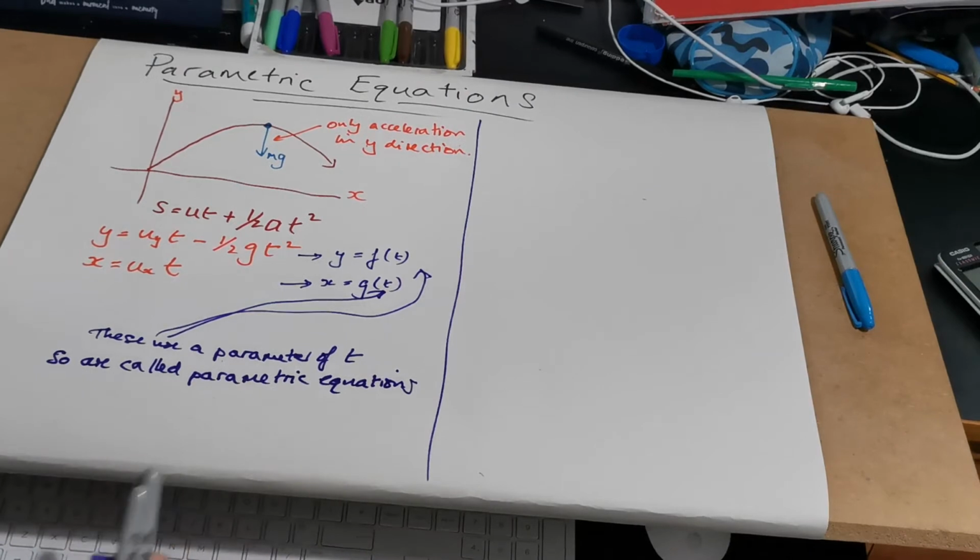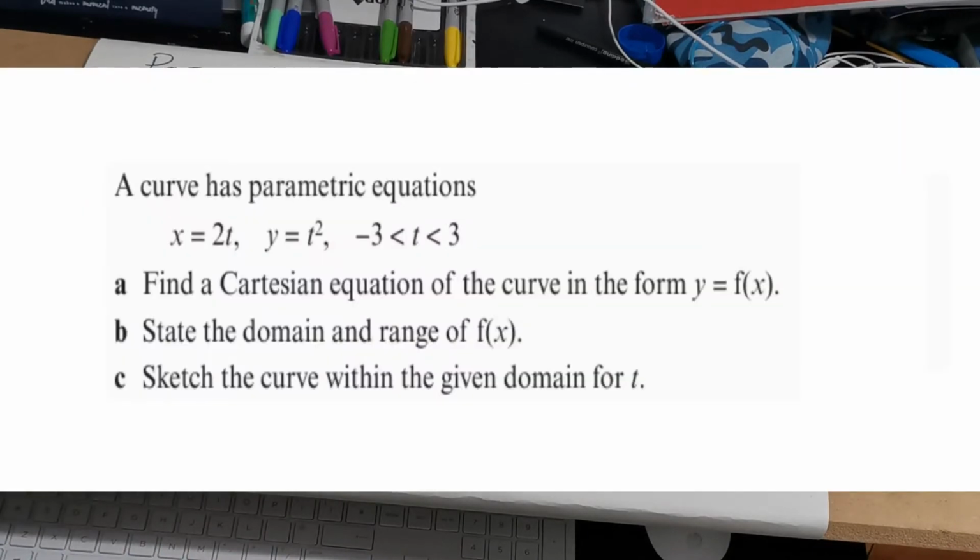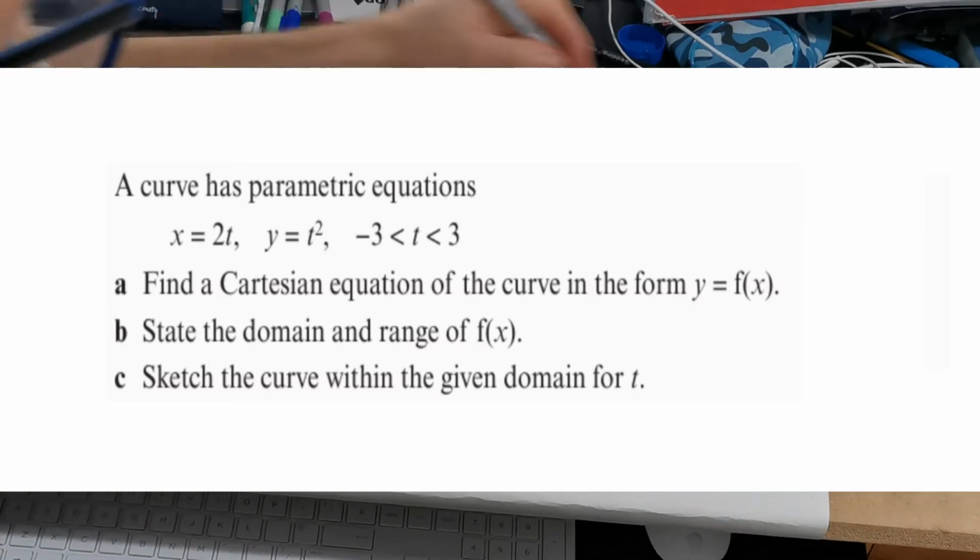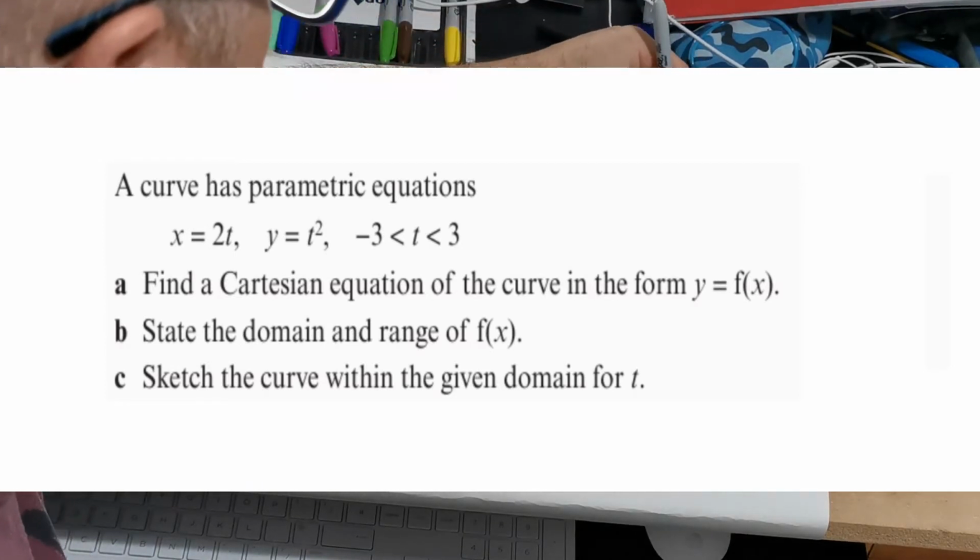Now, up on your screen you will see that you've got this question. x equals 2t and y equals t squared. And it gives us a range for t.